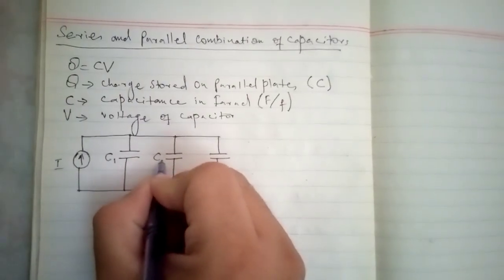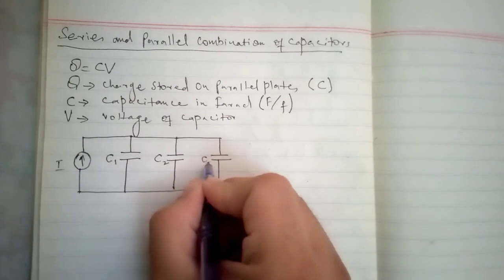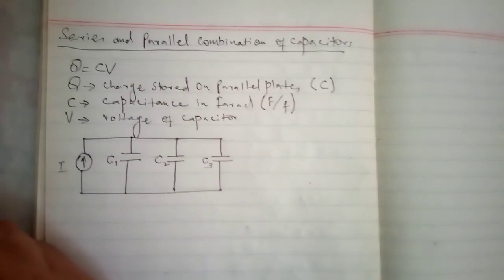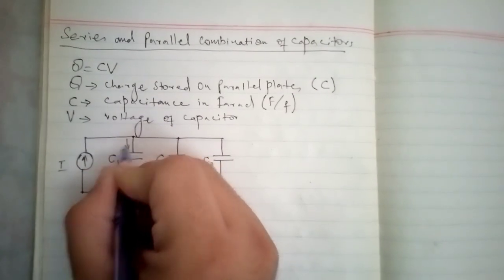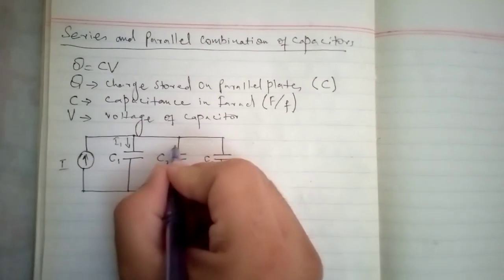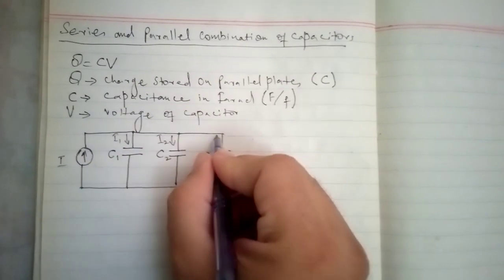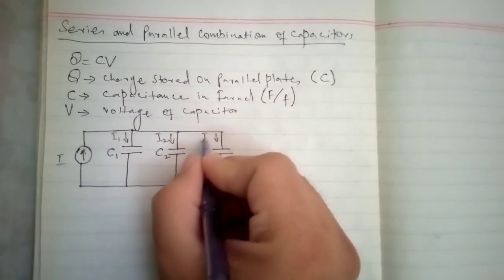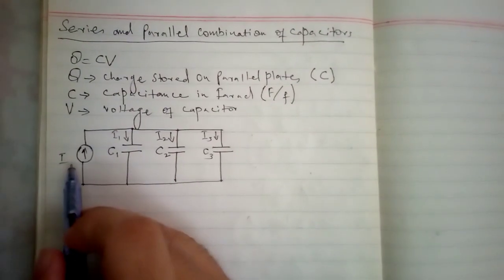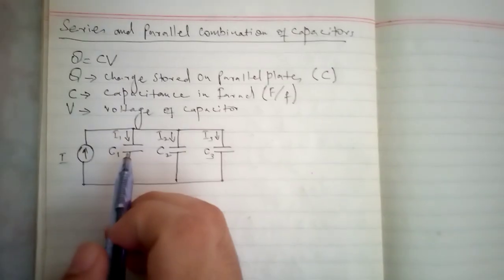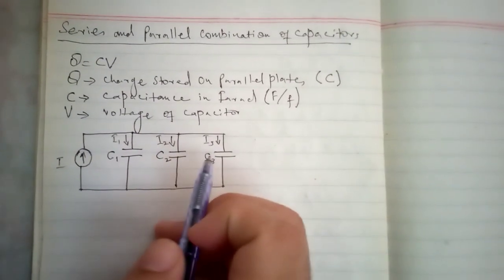It is providing current to this capacitor C2, and it is providing current to this capacitor C3. Current flowing into C1 is I1, current flowing into C2 is I2, current flowing into C3 is I3. So this current source is actually providing current to C1, C2, and C3.